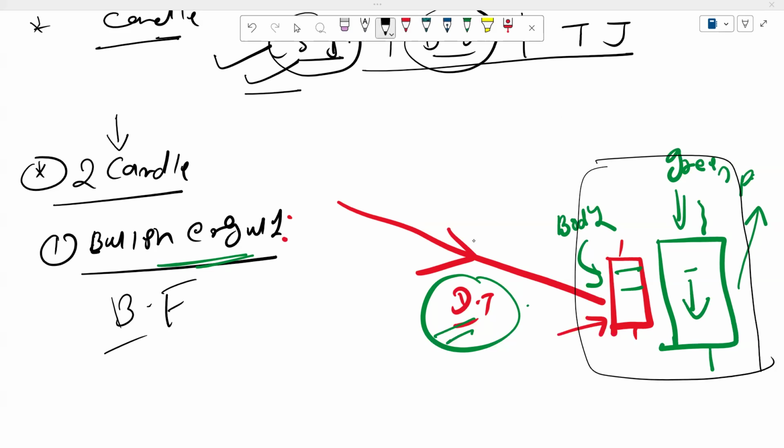So the point is that the green body's size should engulf the red body's size 100%.